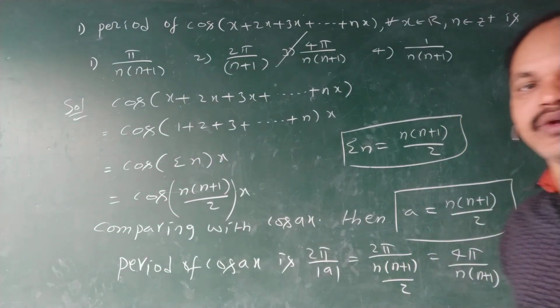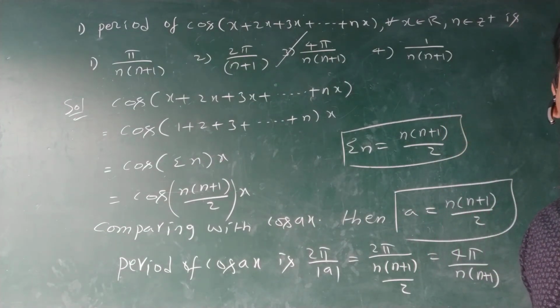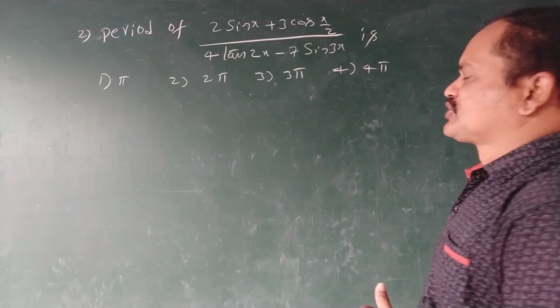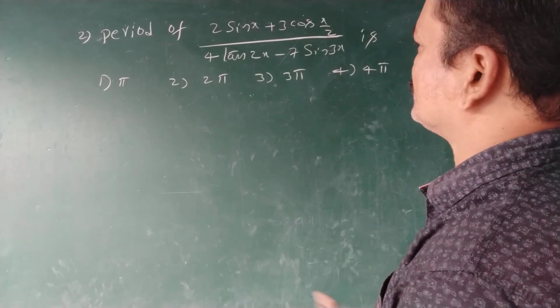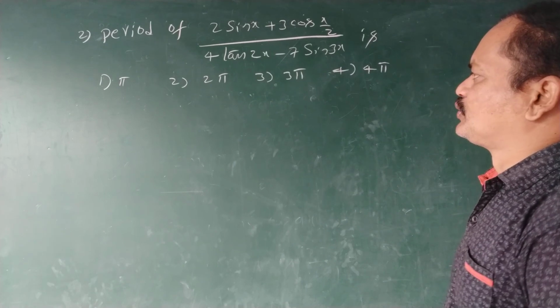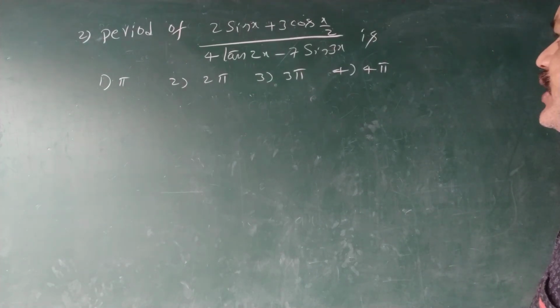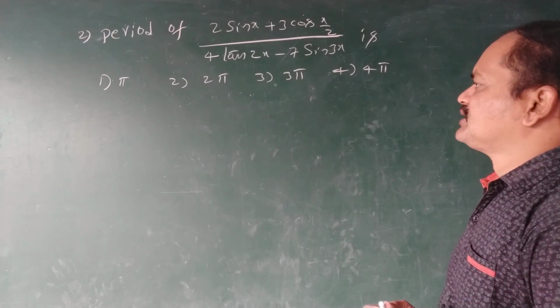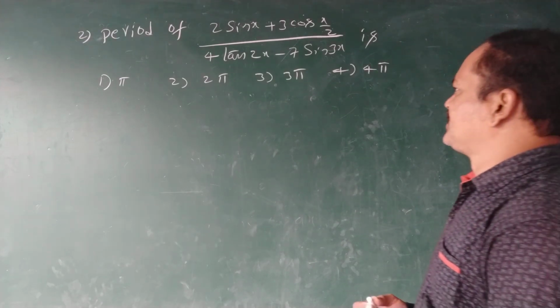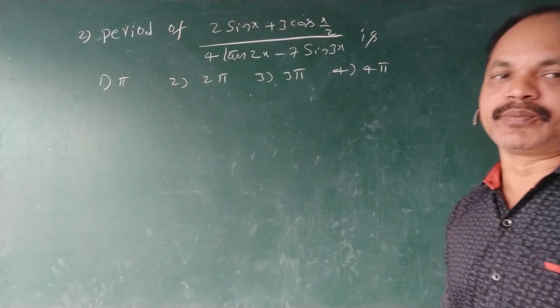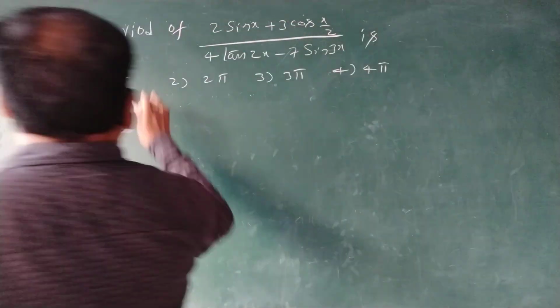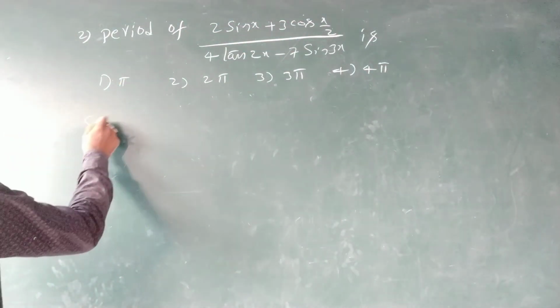Right. We are going to the next question. Now the next question: the period of (2 sin x plus 3 cos x by 2) whole by (4 tan 2x minus 7 sin 3x) is? First option pi, second option 2 pi, third option 3 pi, fourth option 4 pi. Now observe the solution for this.